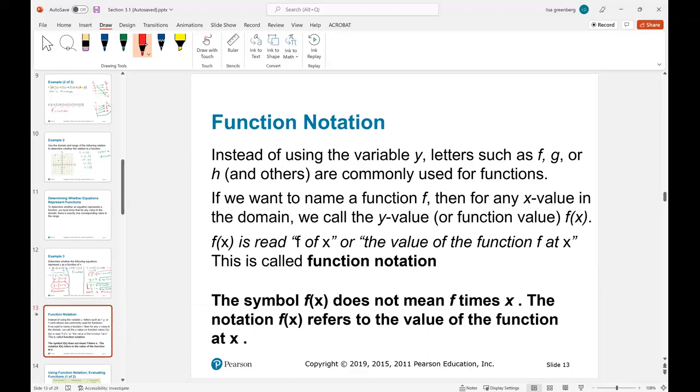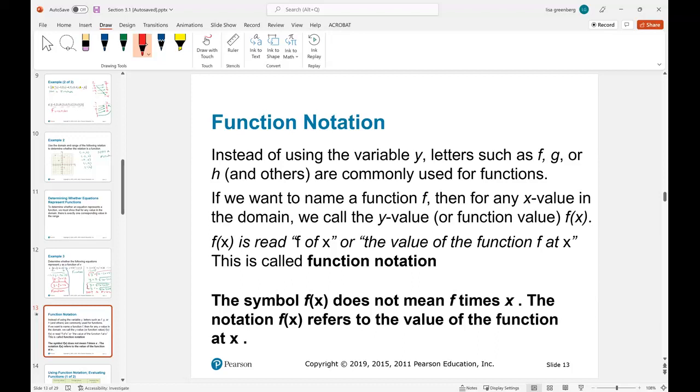So now we want to talk about function notation, and I know sometimes this really confuses people. So I will read it, and then I'll explain it. Instead of using the variable Y, we use letters such as F, G, H, and whatever, really anything you like. These are commonly used for functions.